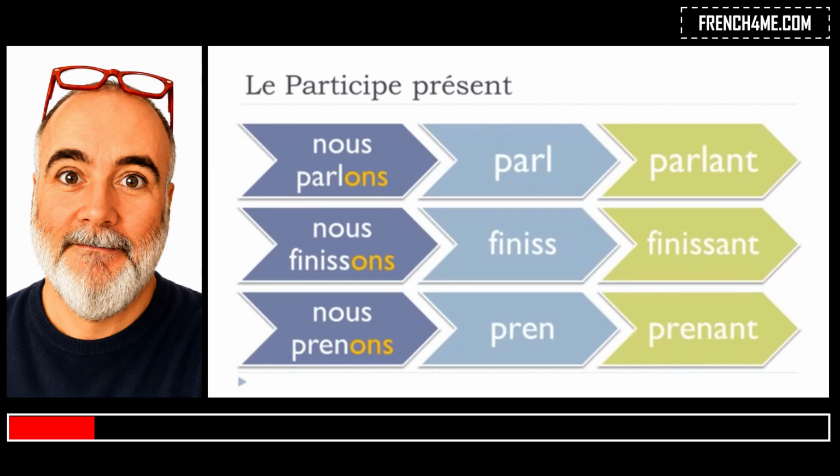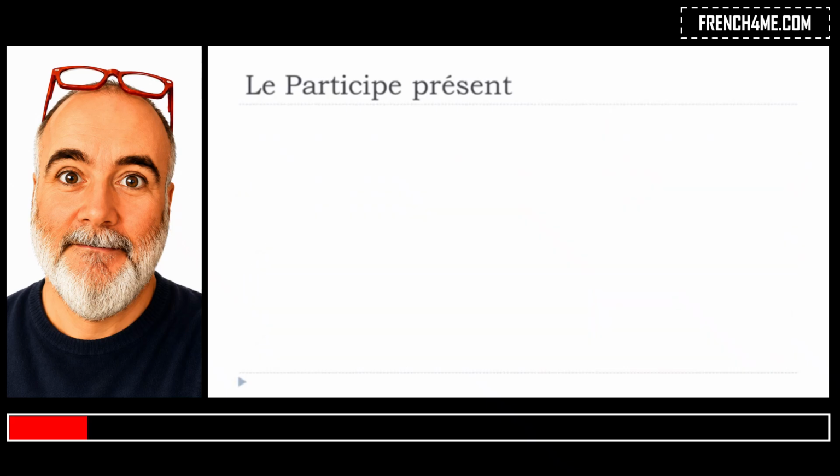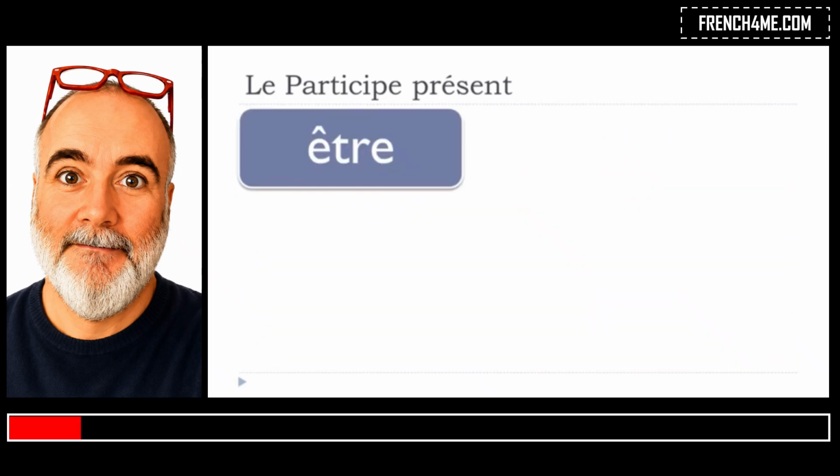But then of course, you know French now, and we've got exceptions. The good thing is that we've got only three exceptions. The first one is être, and it will give you étant. So étant will be the participe présent form of être. Être is to be.